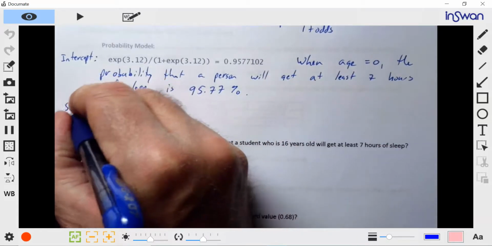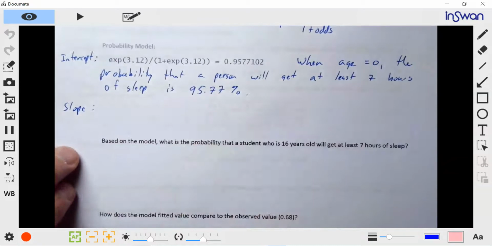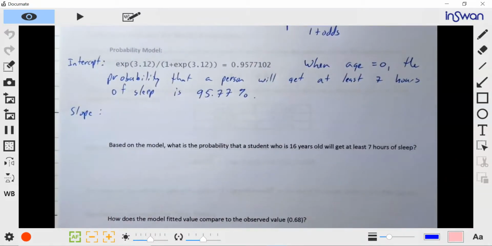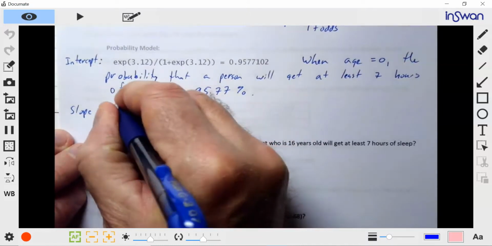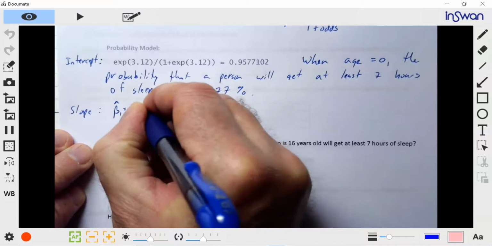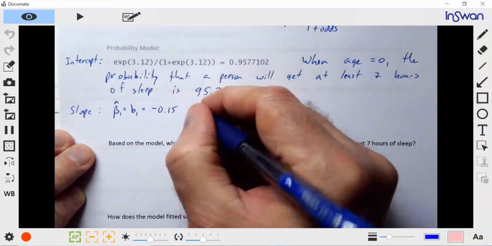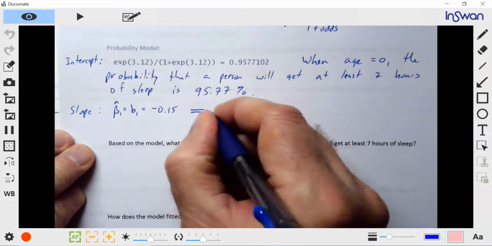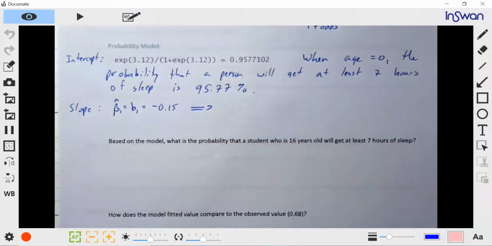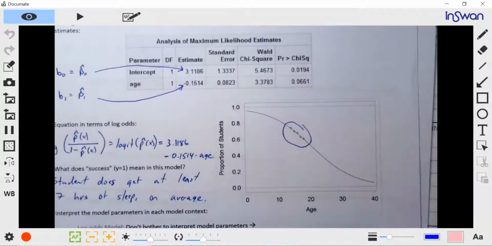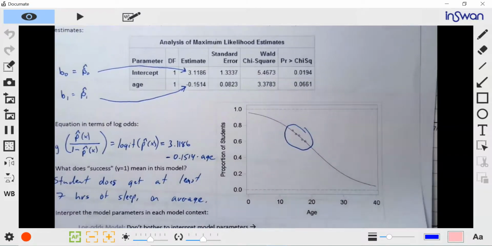And if we want to interpret the slope, remember that beta 1 hat, or I might also use b1, is about negative 0.15. So it's negative. So I would essentially just interpret this S curve.